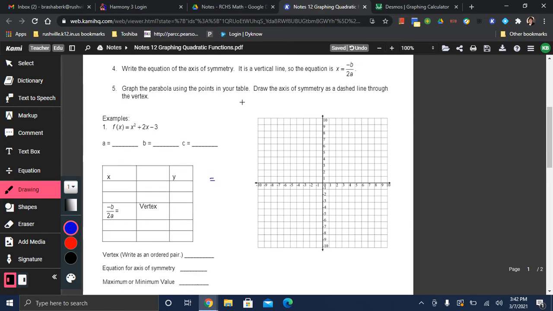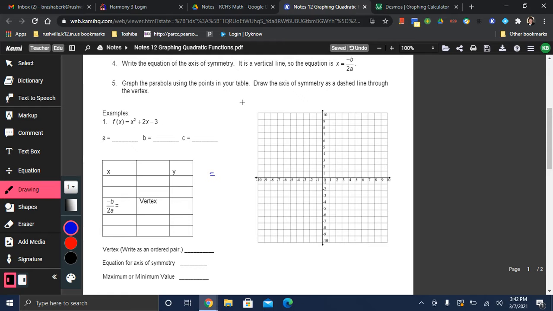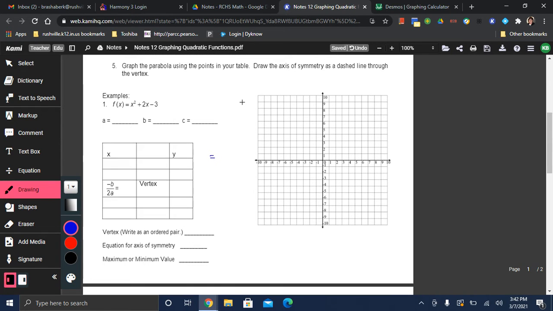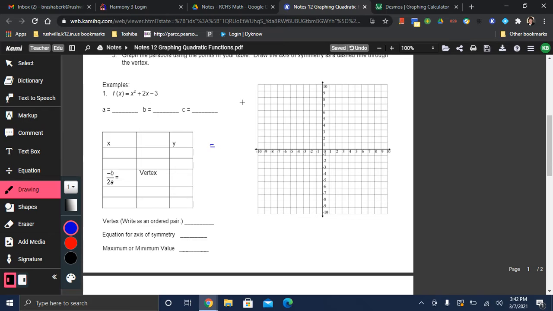And I am going to let you use a calculator. We're going to find something called an axis of symmetry, and then do some other labeling for our maximum and minimum values.